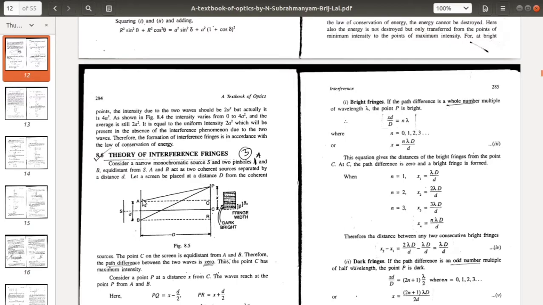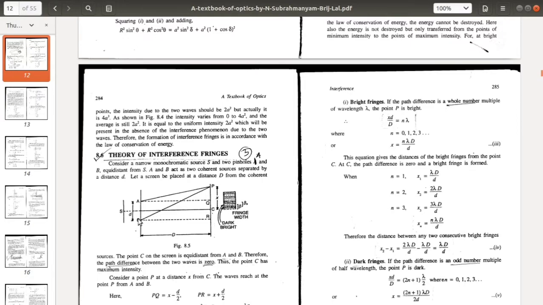All the light reaching the central point interferes constructively because it travels an equal distance, from A to C and B to C. So we will get a white fringe at the central point, and on both sides of this point we will get colored fringes, because when these lights move to the sides, they will have a path difference.